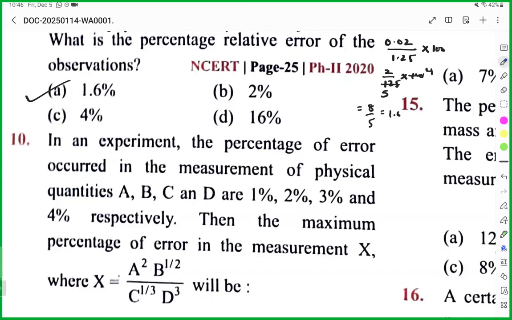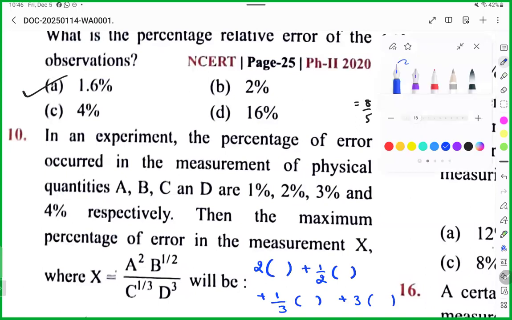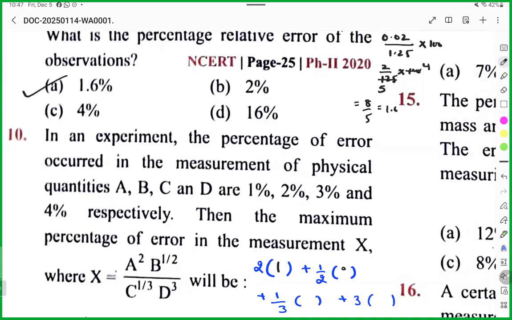What is your answer? 2 multiplied by A value plus 1 by 2 multiplied by B value plus 1 by 3 multiplied by C value, 16%, no? And 3 multiplied by D value. What is the A value given? 1. What is the B value given? 2.